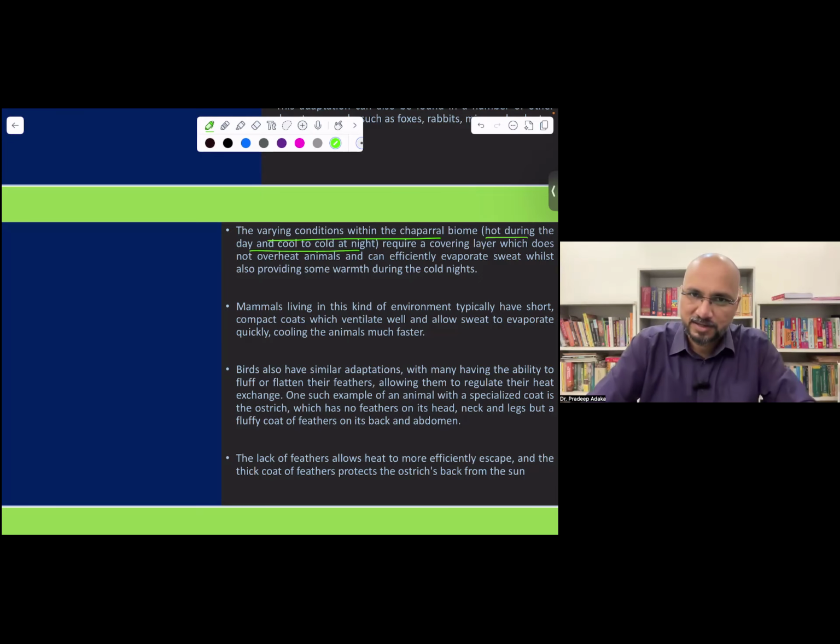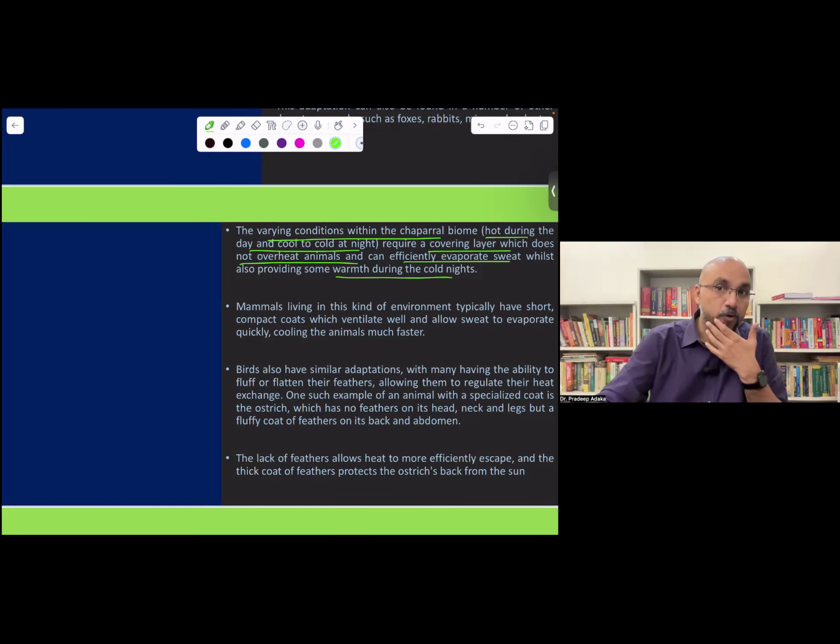Moderate type of fur is present. So it requires a covering layer which does not overheat the animal during the daytime and efficiently evaporates the sweat, as well as providing warmth during cold nights.